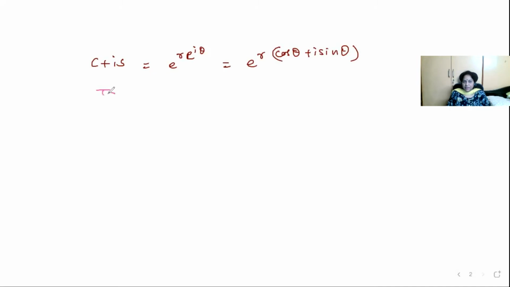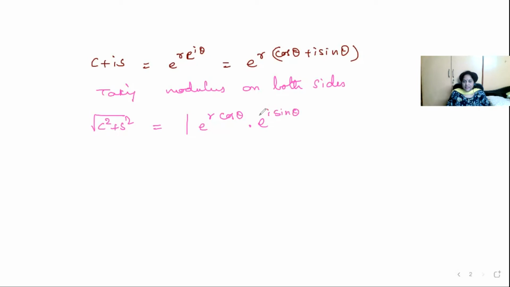So taking modulus on both sides, the left side we get root of c square plus s square. And the right side is the modulus of e power r cos theta into e power i r sin theta.